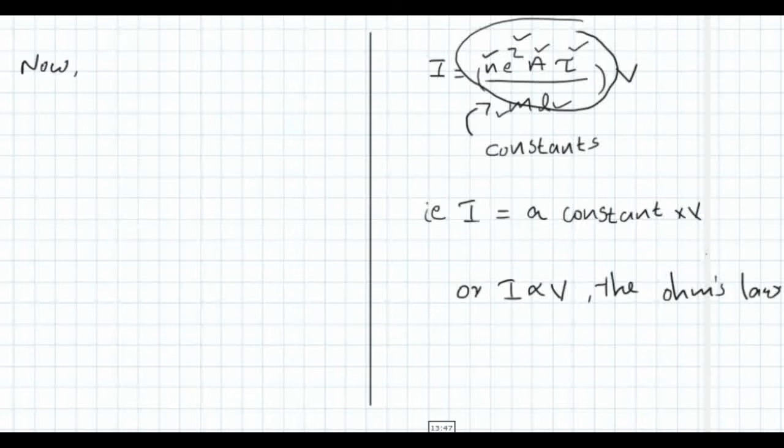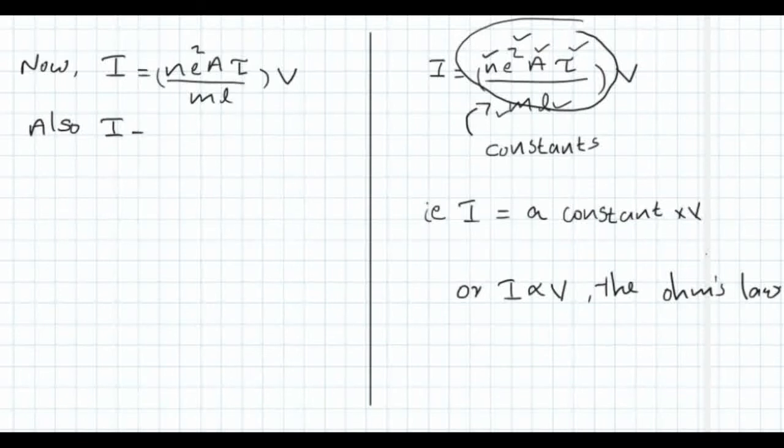Now I is equal to N E square A tau by ML into V is the equation we are getting. Now from Ohm's law we have I is equal to V divided by R. This is from the equation V is equal to IR, which is the statement of Ohm's law.